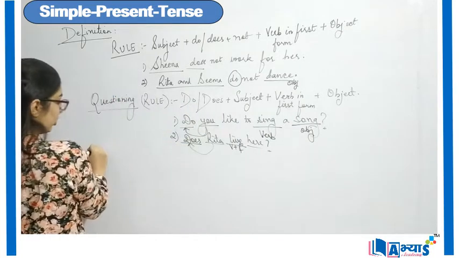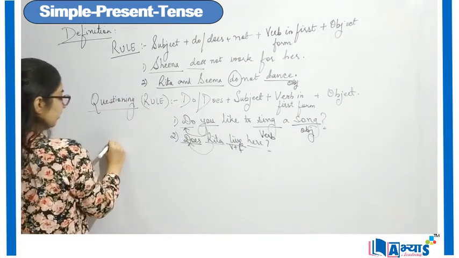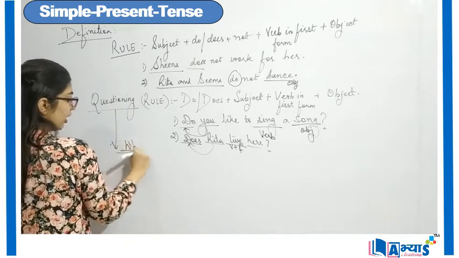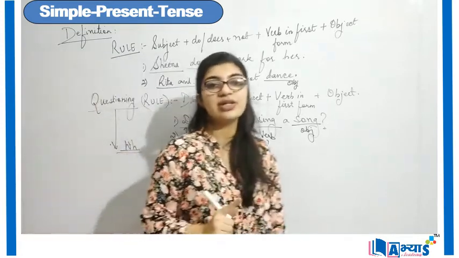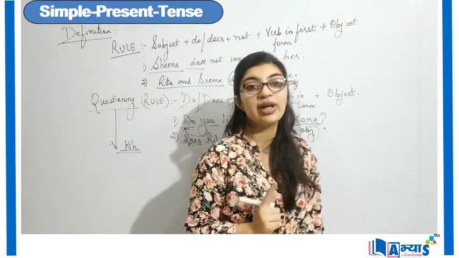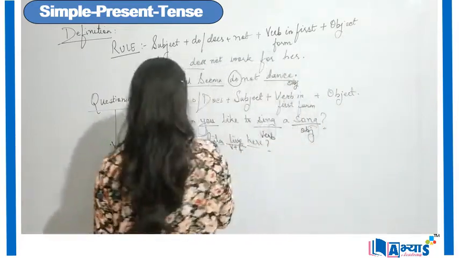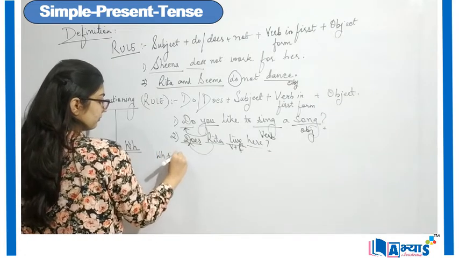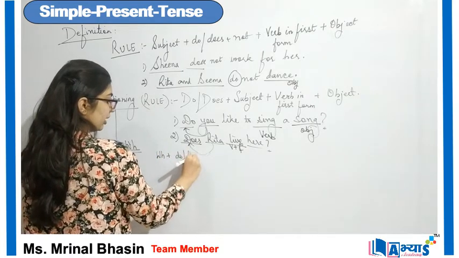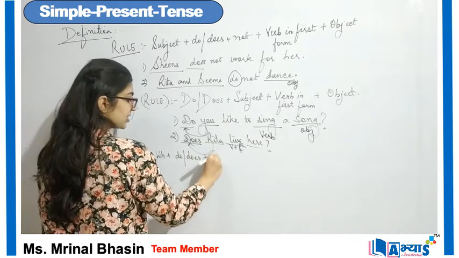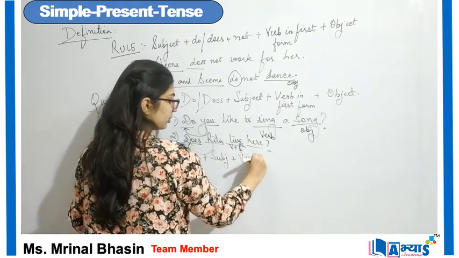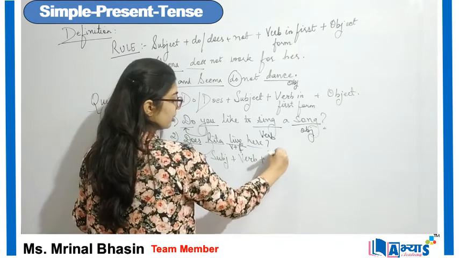Then another rule is the rule for asking the question using WH. When you ask the question using the word WH, then you start from WH plus do or does plus subject plus verb plus object.